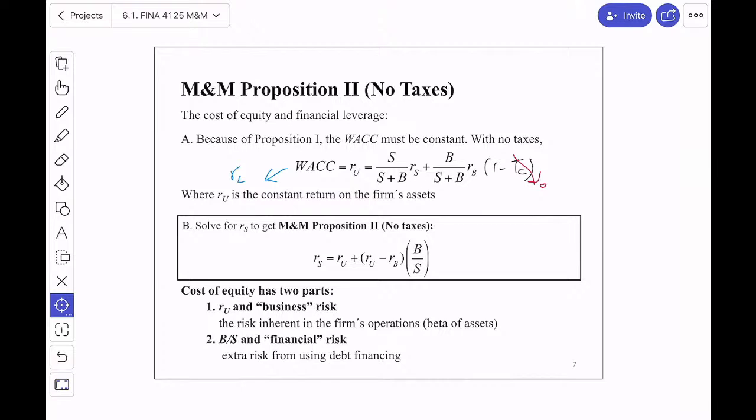So you can rearrange this algebraically. Do you want me to do it? You know what, I'm going to do it on another page. Let's do it on another page.